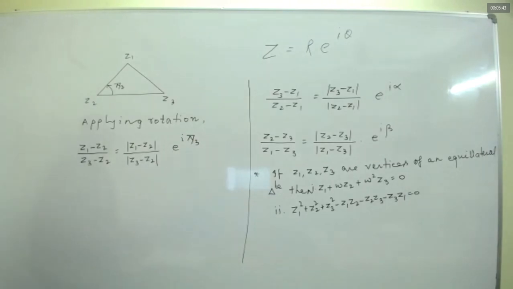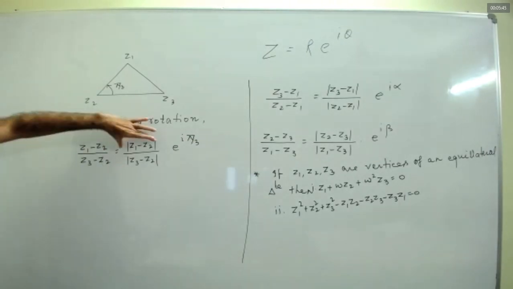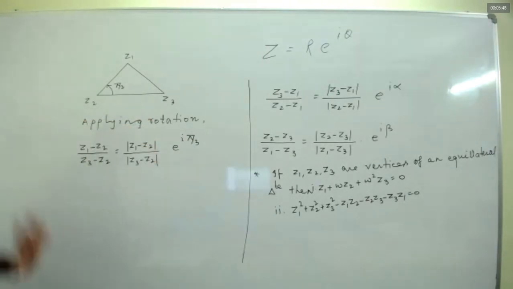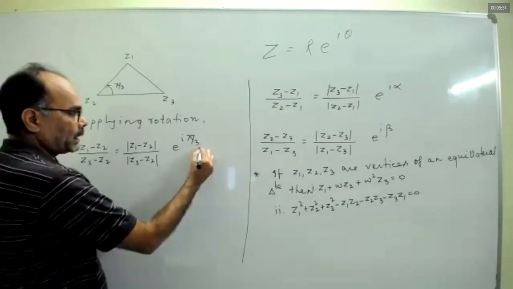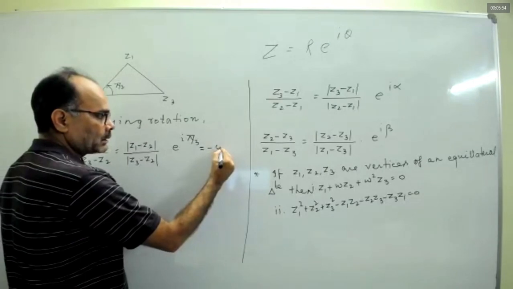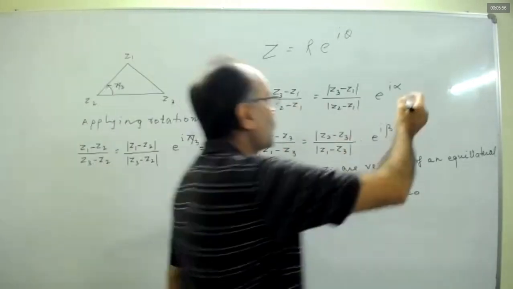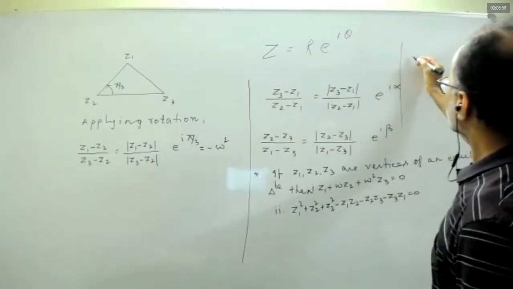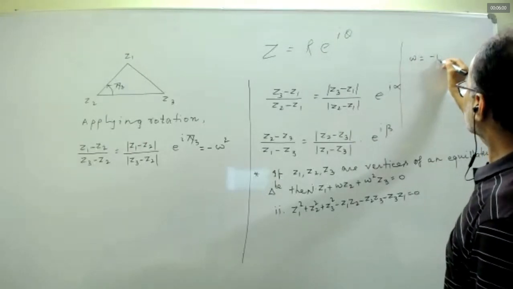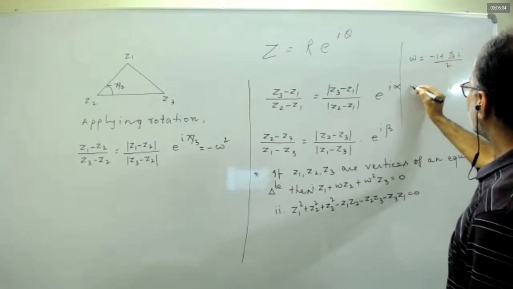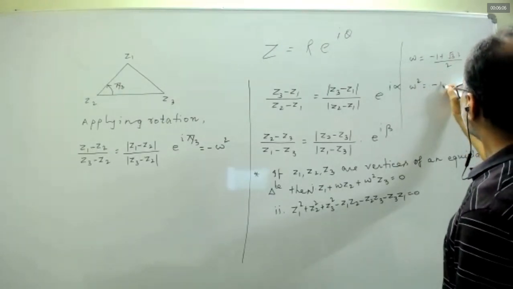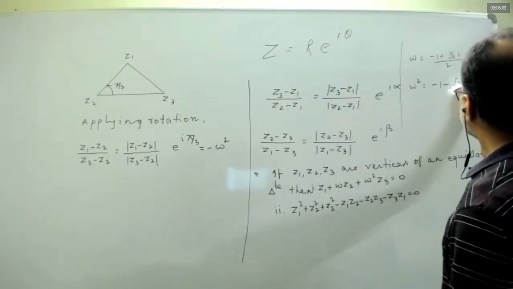Because the triangle is equilateral, this length equals this length, so it will get cancelled. e to the power i pi by 3 is minus omega square. I'm writing the values. Omega is minus 1 plus root 3i by 2. Omega square is minus 1 minus root 3i by 2.